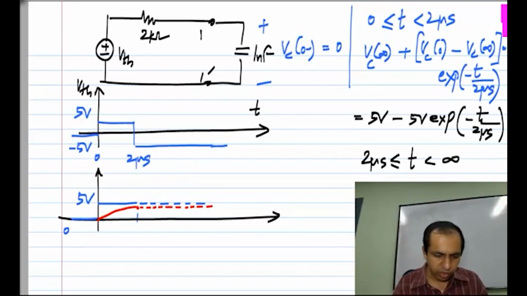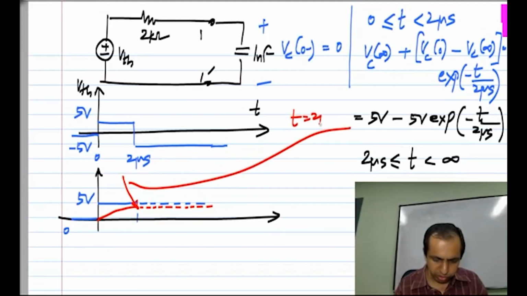So if you calculate it, the first step, the 0 to 5 volt step, will cause a change like this, and it turns out that this, again you calculate for yourself, this is done by substituting t equals 2 microseconds in this equation, and it turns out to be 3.16 volts.